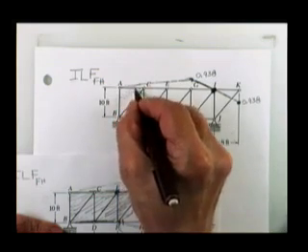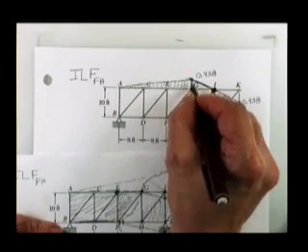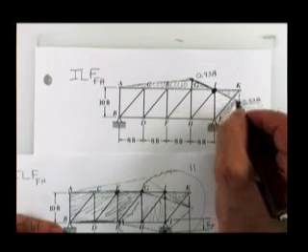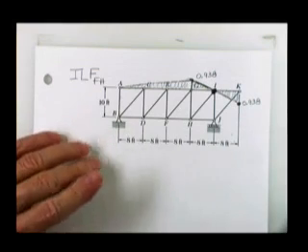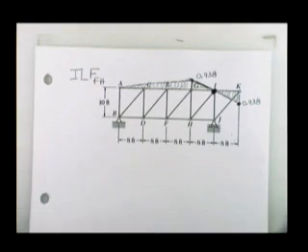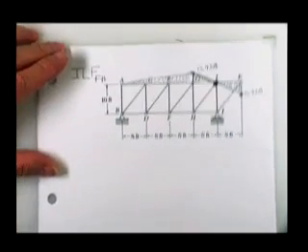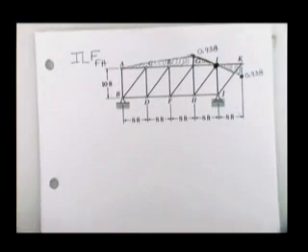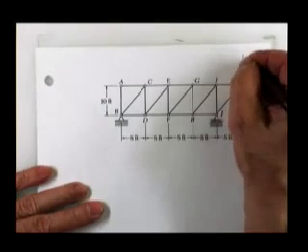Now the proof will be in the pudding. I'm assuming that the influence line really does look like that. If you want to see if it really works or not, here's how we can do it. We'll take the original structure. That's how come I got so many of these, I remember now.